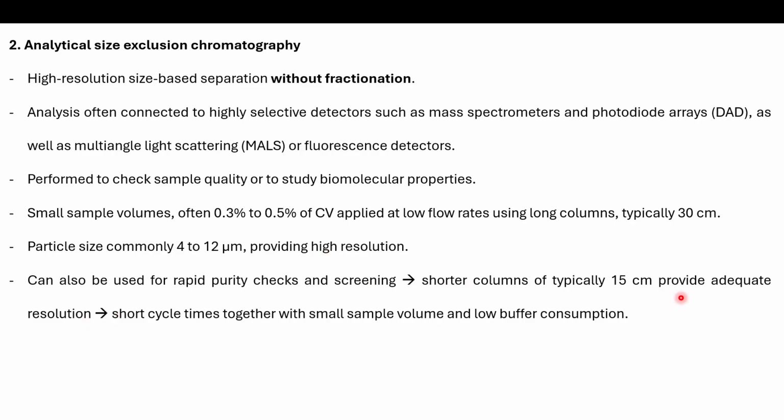Shorter columns of typically 15 centimeters provide adequate resolution, and short cycle times save a lot of time as well, requiring really small sample volume and small volume of buffers. Okay. For quick sample checks, screening and purity checks, we can do analytical SEC.